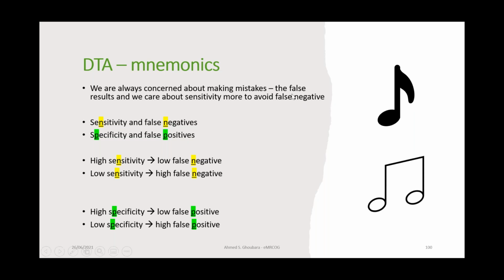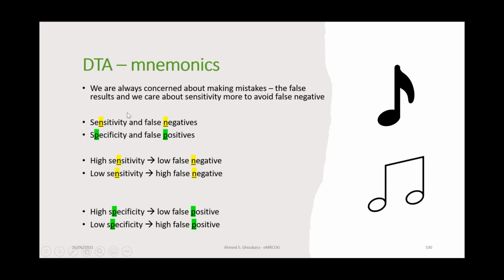We care about sensitivity more to avoid false negatives, and we care about avoiding mistakes. Sensitivity relates to false negative, and specificity, with a P, relates to false positive. High sensitivity, low false negative; low sensitivity, high false negative.